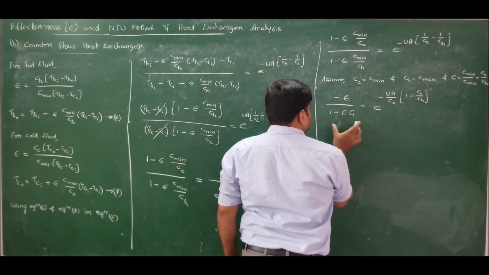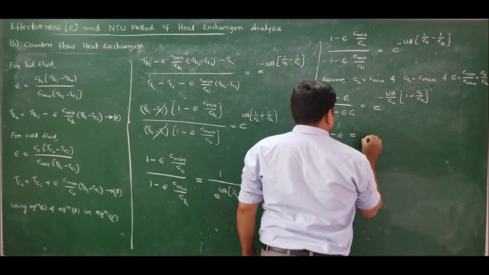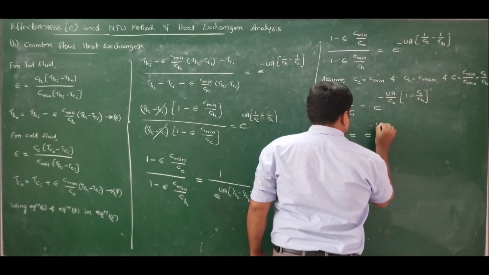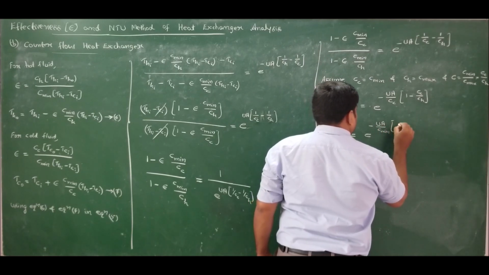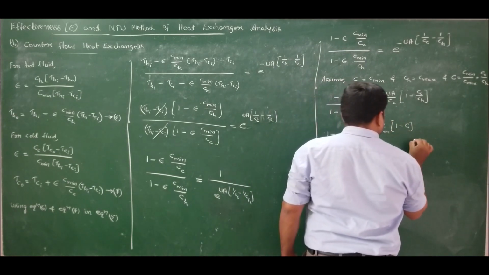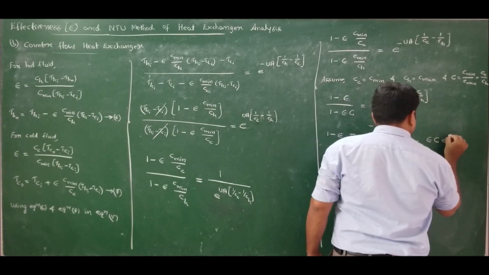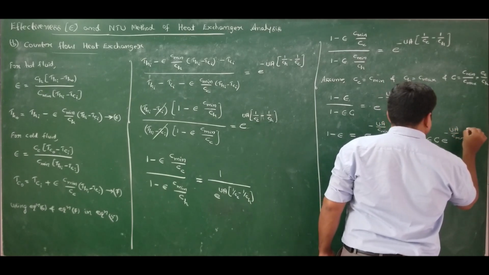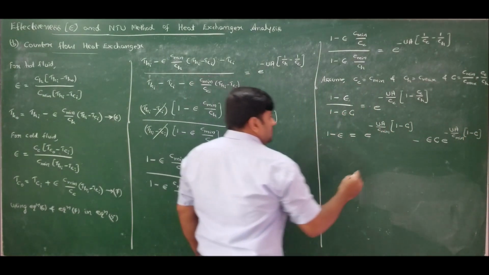So therefore cross multiply this and simplify, that is 1 minus epsilon will be equal to this into 1, that is e to the power of minus UA by C minimum times 1 minus C, this into this, minus epsilon C e to the power of minus UA by C minimum into 1 minus C, right?